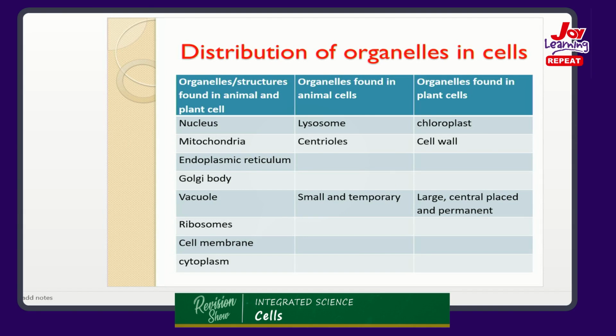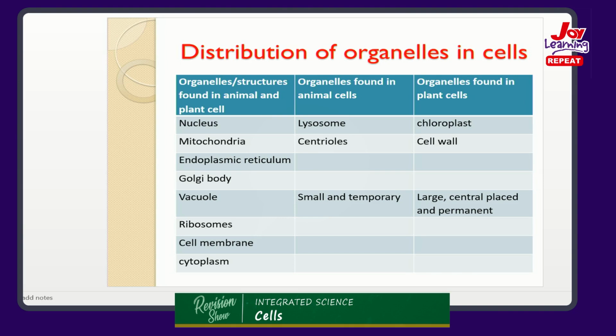Now on your screen is a distribution of the organelle in cells. The one on your left, organelles or structures found in animal and plant cell. Then when you go into plant and animal cell, these things are there. But if you come to animal cell alone, what is common with them are lysosome and centrioles. And on the vacuole, I've written small and temporal. But in plant cell, you see that they are large, centrally placed, and permanent.